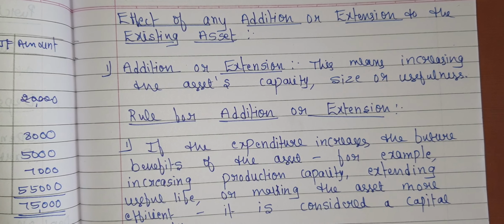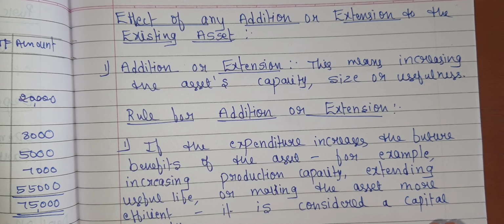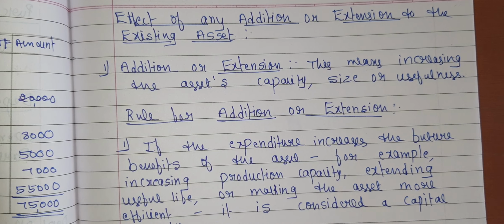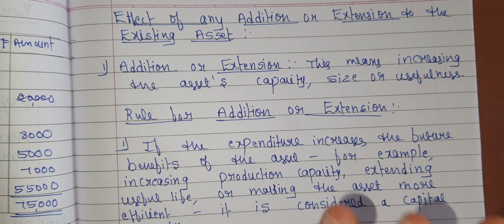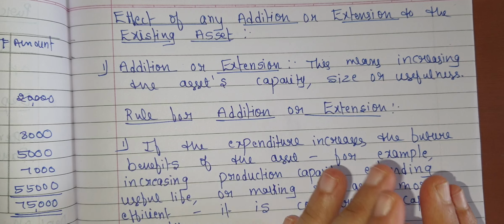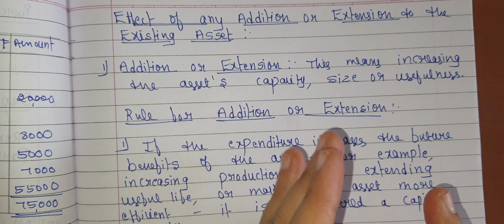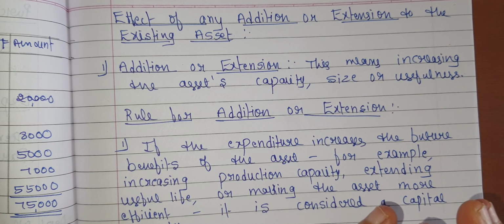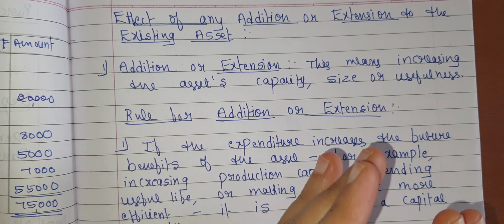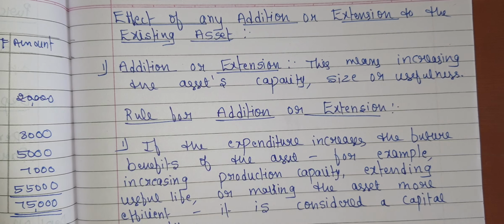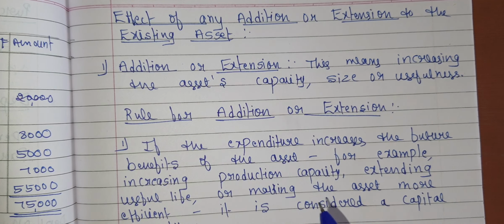It is nothing but spending money in such a way that the asset can do more than it could earlier, not just keeping it in the same condition. That is what addition or extension means. It means increasing the asset's capacity, size or usefulness.